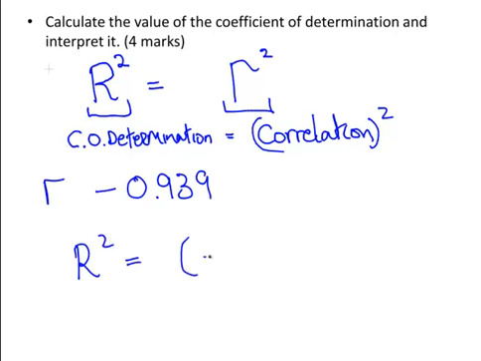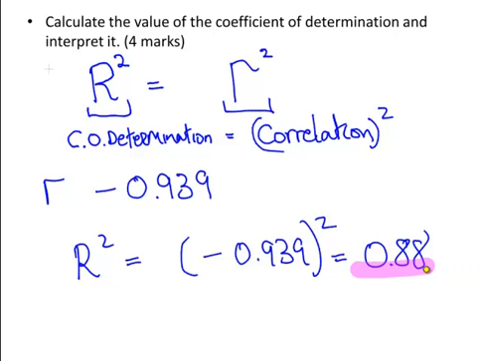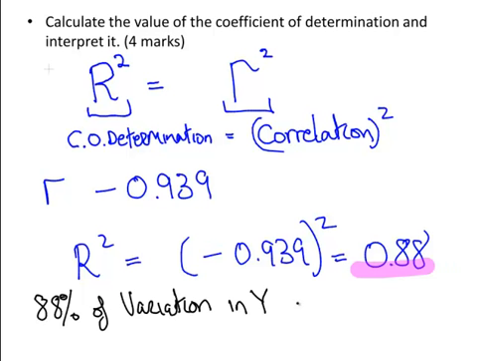So that is the coefficient of determination. 88% of the variation in missed days, y, is explained by the relationship with x. That's how we would interpret it.